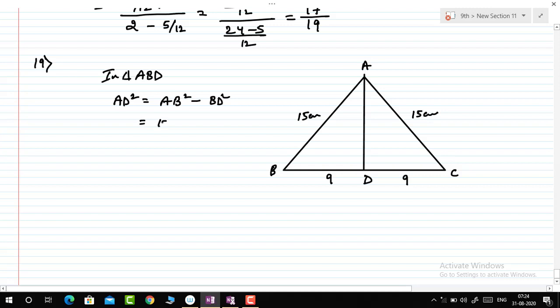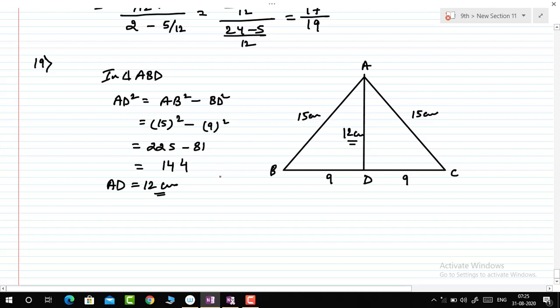So AB is 15, square of 15, minus BD 9, square of 9. It comes to 225 minus 81, that means 144. So the result AD comes to 12 centimeters.